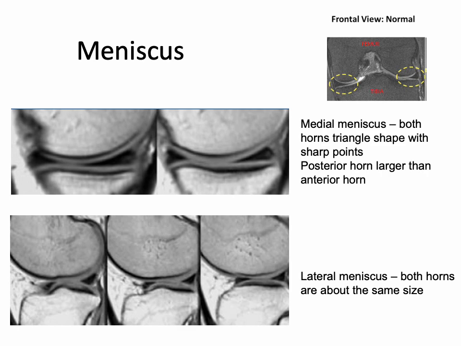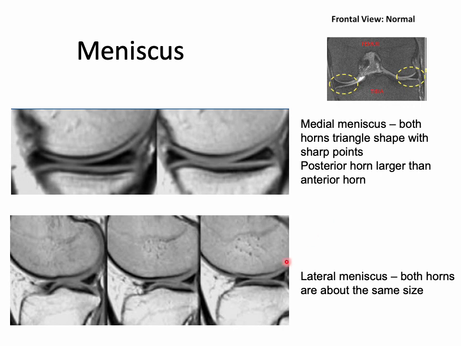The menisci around the knee act as sort of cushions between the tibia and femur, and are seen as these well-defined, dark, triangular structures in cross-section. The medial meniscus, both horns are relatively triangular, with a sharp point, with the posterior horn larger than the anterior horn.